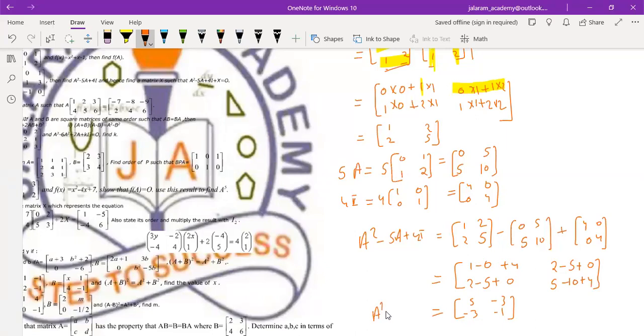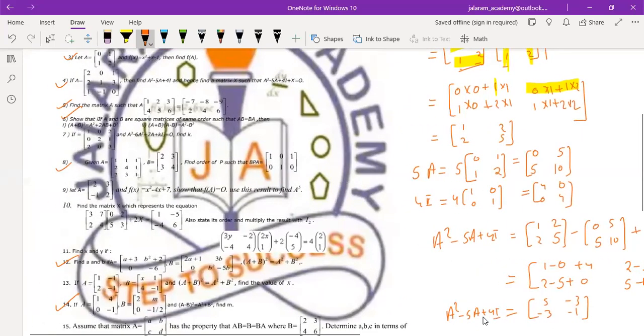So this is the first answer. A square minus 5A plus 4I equals to a matrix of order 2 cross 2, 5, minus 3, minus 3, minus 1.